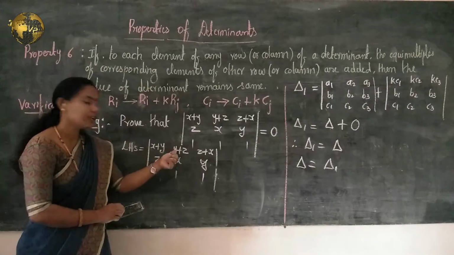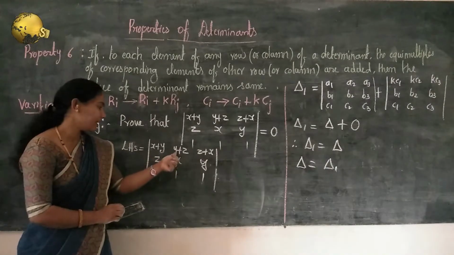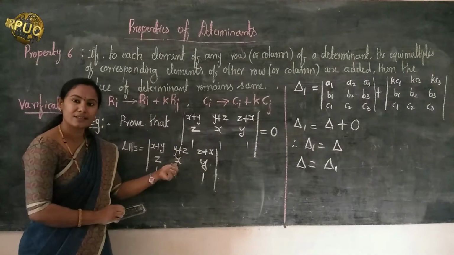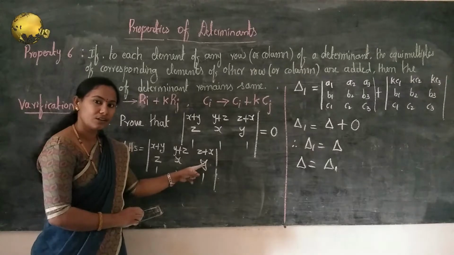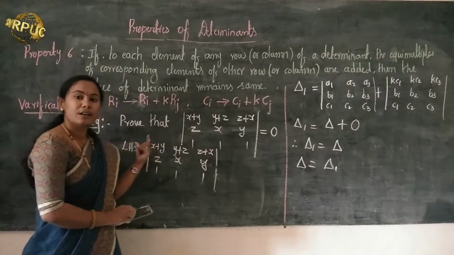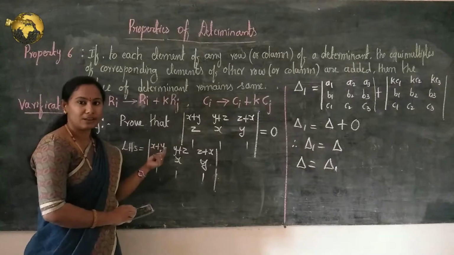Then adding, I get y plus z plus x, and then z plus x plus y. We can make all the first row elements equal by using that.